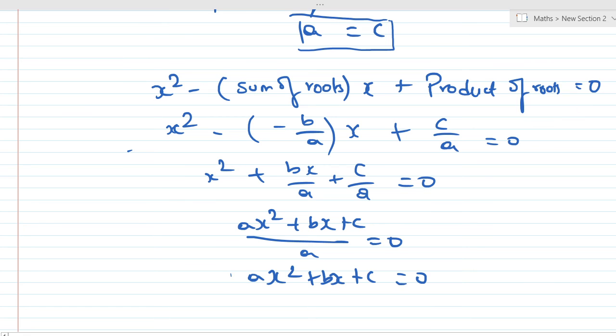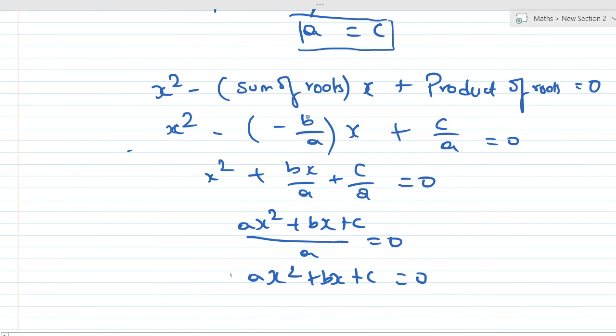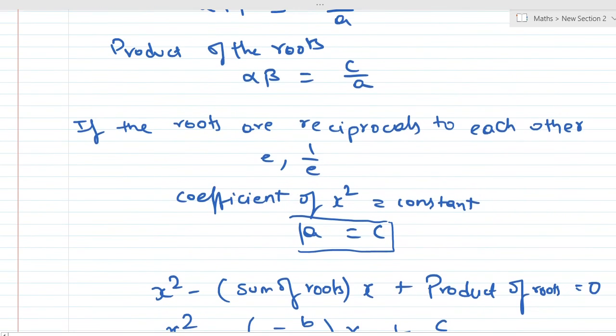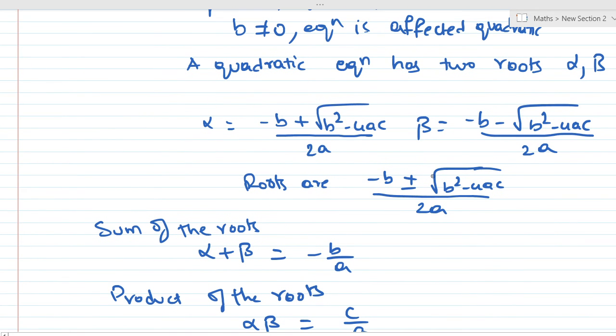The next thing is the nature of the roots. So guys, the nature of the roots is dependent upon the discriminant, which is nothing but delta. The nature of the roots depends upon root of b square minus 4ac.